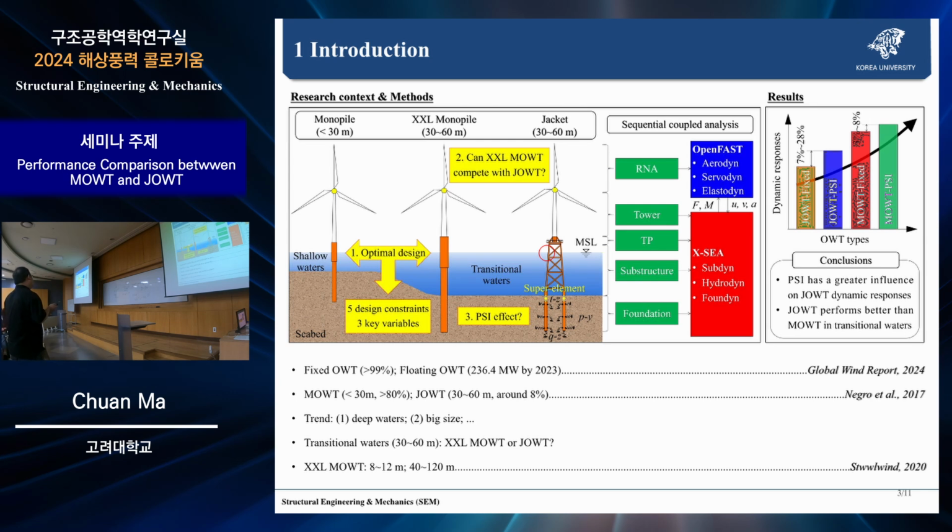But is it possible for the XXL monopile of the wind turbine to compete with the jacket of the wind turbine in transitional waters? So in our research, we will investigate this question.